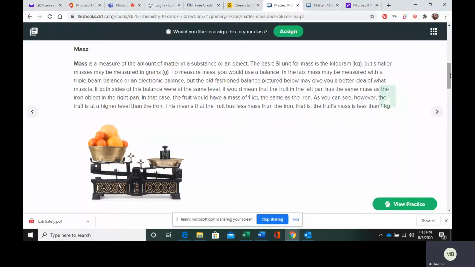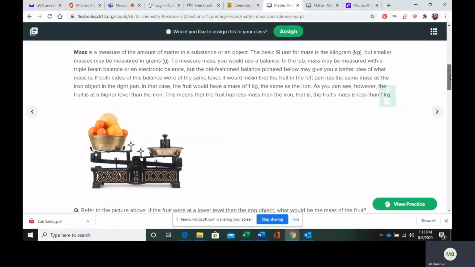Mass is going to be a measure of the amount of matter that is in a substance or an object. We measure mass using the kilogram or the gram, or any smaller or larger measurement using the gram in the metric system. To measure mass, we use a balance. And actually, in the lab, in our modern times, we're going to use a digital balance.